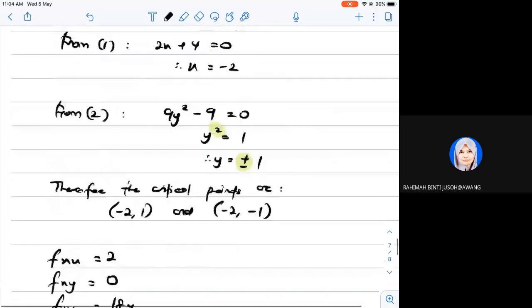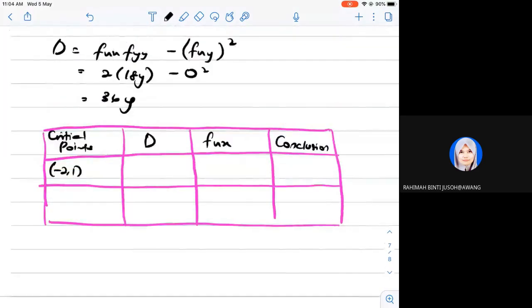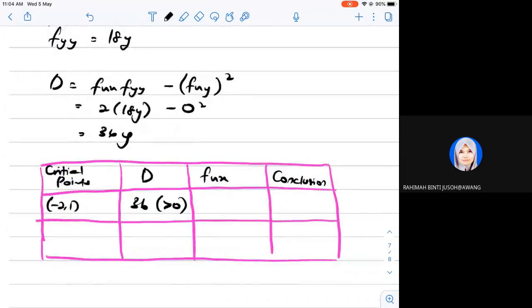Okay, we start with negative 2, 1. Negative 2, 1. Calculate your D. D dapat 36 kan? So greater than 0. So fxx, bila dia greater than 0, kena refer fxx lah. Fxx equals to 2. So also greater than 0. So what's the conclusion? Relative minimum. Okay, very good.